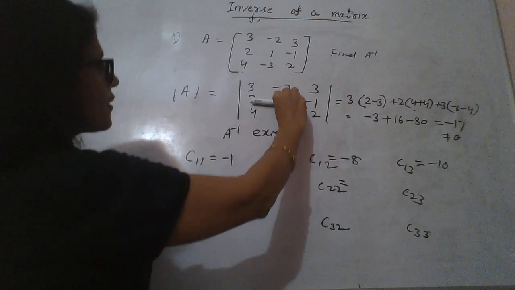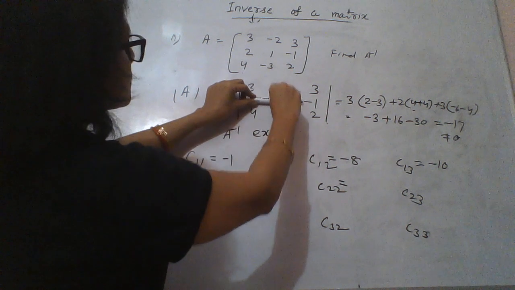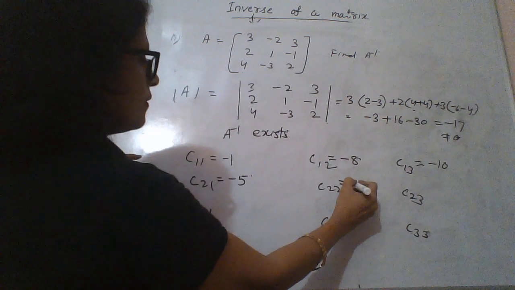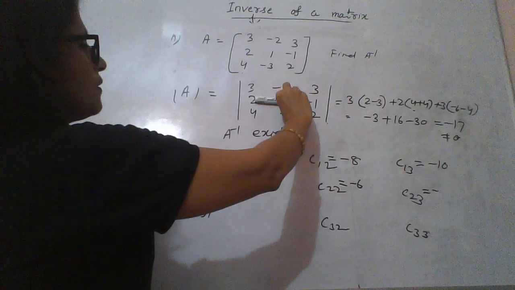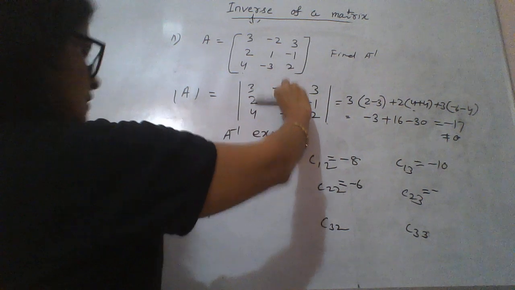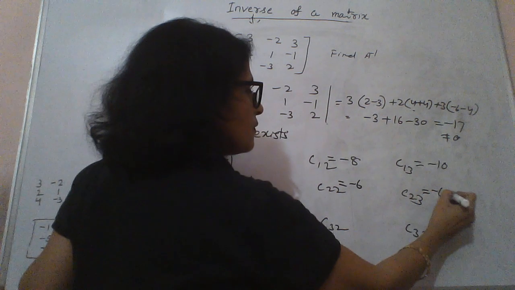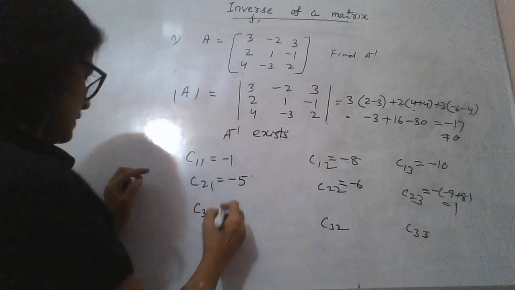C22, let's check it. C22, 6 minus 12, minus 6. C23, negative of minor. See here, minus 9 plus 8. Minus 1, minus 9 plus 8. You are getting 1 here.